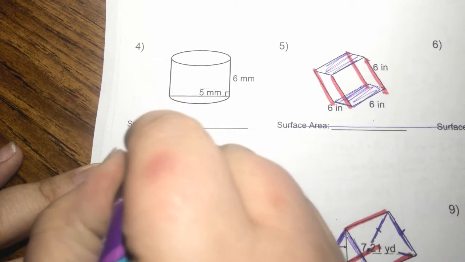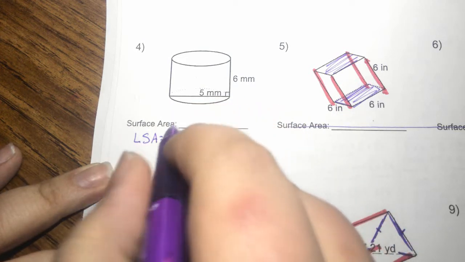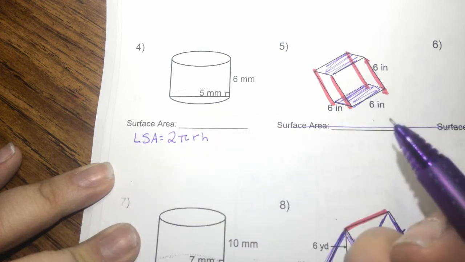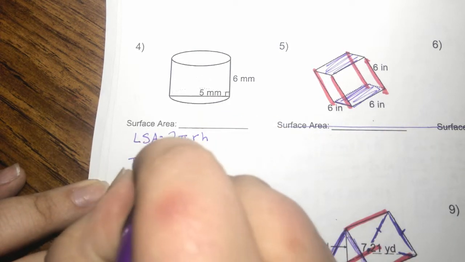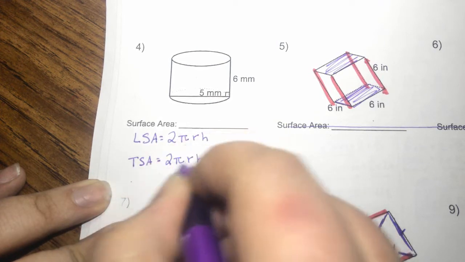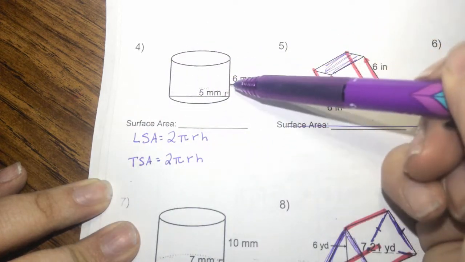For the lateral surface area formula, we've got 2 times pi times r times h. The total surface area formula is 2 times pi times r times h, the lateral surface area, right? That would get us the rectangular part of that when we unfold it.